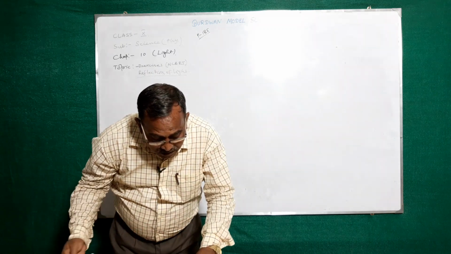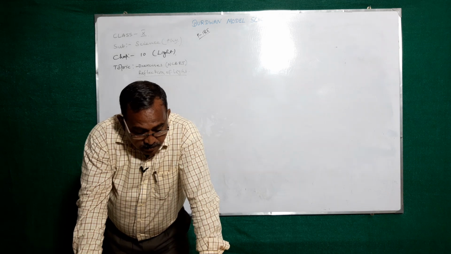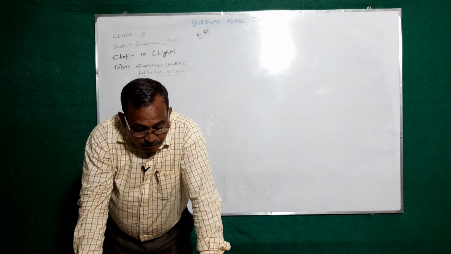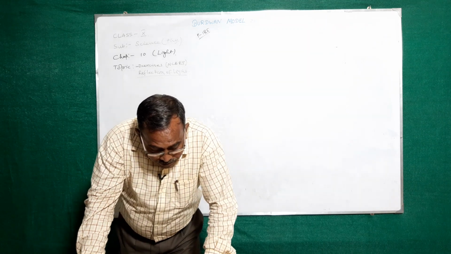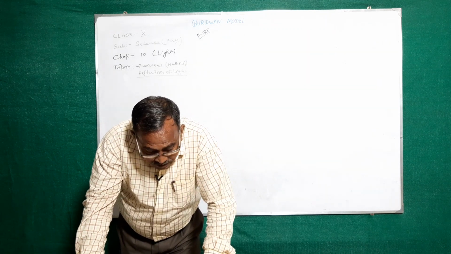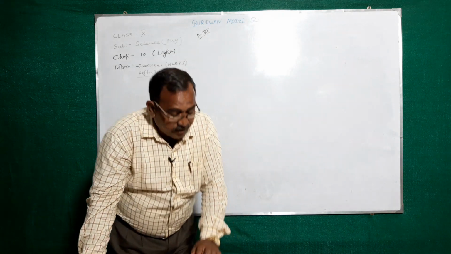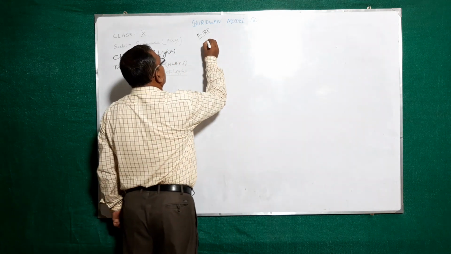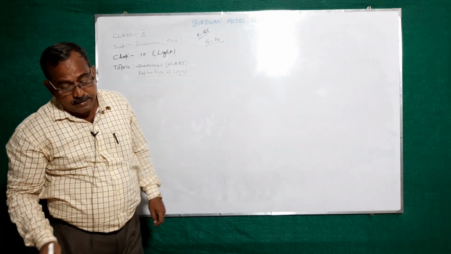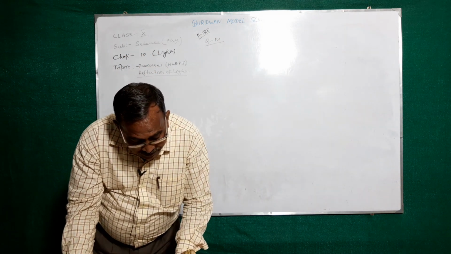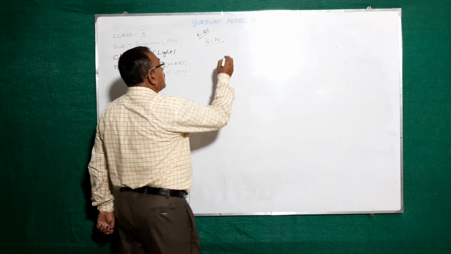Numerical number 12 is already completed. You have been seeing it in your previous class. Now, you see the numerical number 14. Question number 14 means sum number 14. An object 5 centimeter in length is placed.